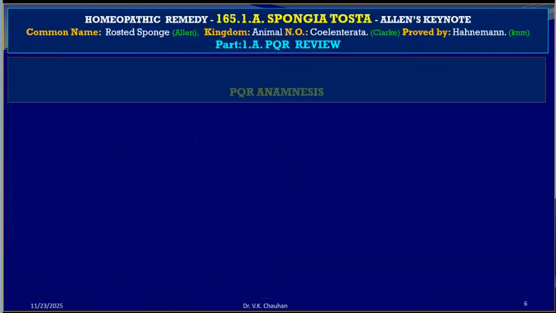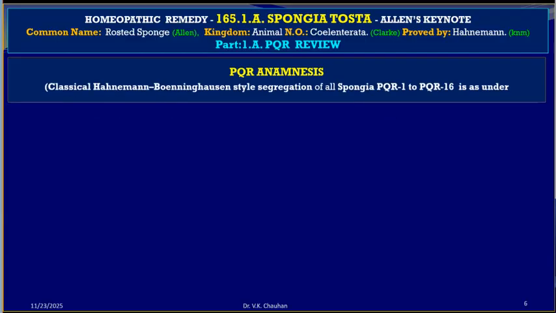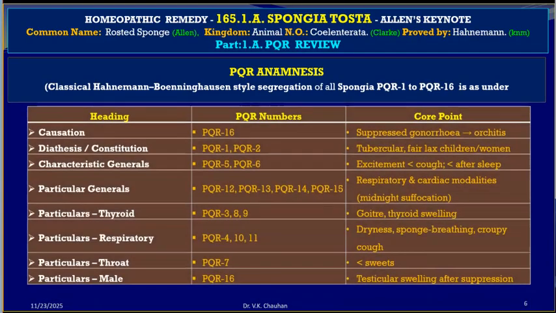Now, we are going to have a small anamnesis of these particular PQRs based on the classical Hahnemannian or Boenninghausen style segregation. We are going to include PQR1 to PQR16 and they are as under. So we find under heading PQR numbers and core points. Under causation, you will find PQR16 is there.